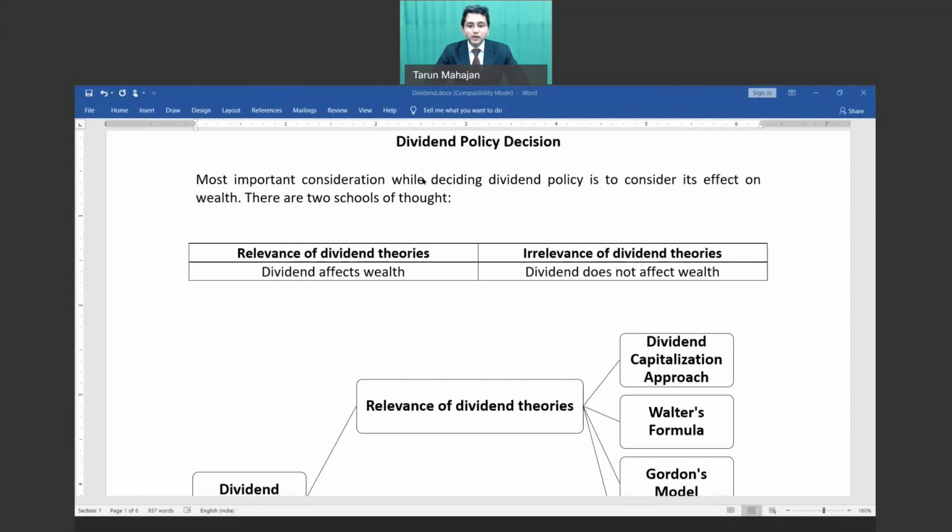But let's stick to the agenda. So we are first going to discuss dividend policy, and then if time permits, if there is one more lecture, for that you will have to talk to the ICSI team. If there are 5 more lectures, I'll cover everything.